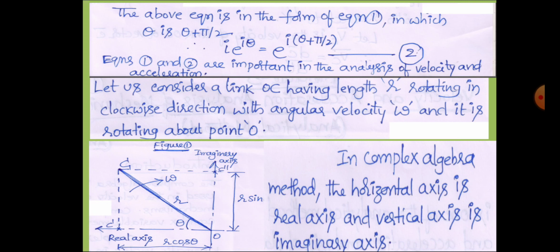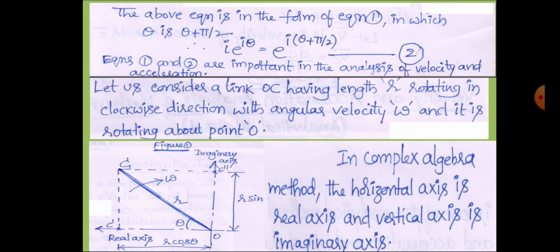In the complex algebra method, the link OC, whatever I have considered, is lying in a plane xy. Normally we write Cartesian coordinates xy. X is the horizontal axis, y is the vertical axis. In the plane xy you can consider it, but here I should represent the link by means of a vector using a complex number in polar form.